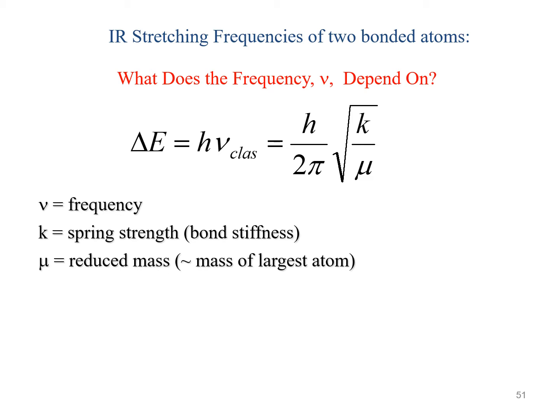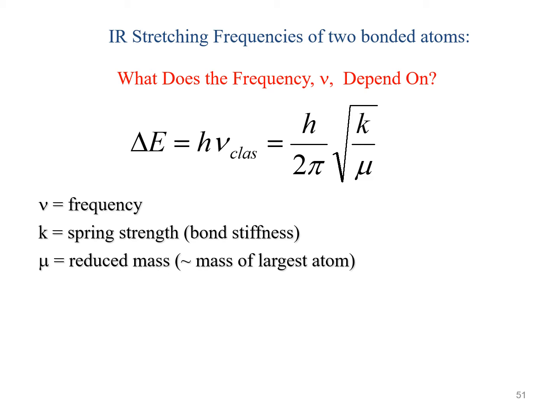As far as I know, you will probably not be asked how to determine the reduced mass, but there's just a simple formula for it, for the reduced mass of two different specific atoms. You can look it up if you need to, but all it does is give you a quick way of finding the center of mass of two objects.